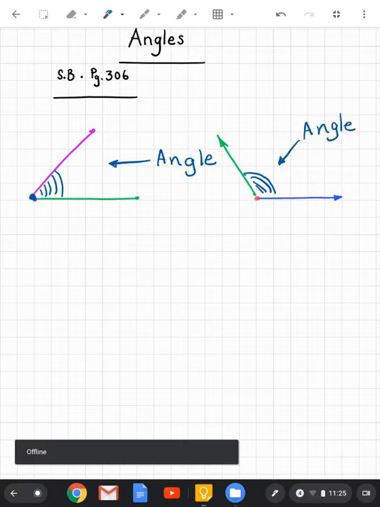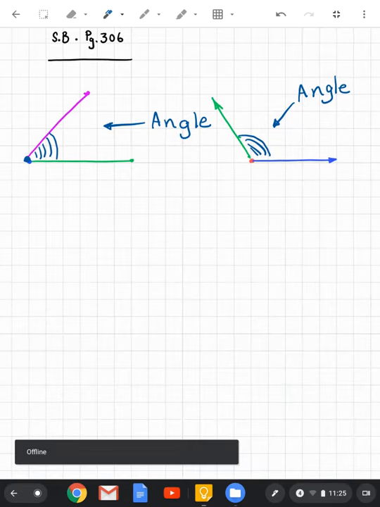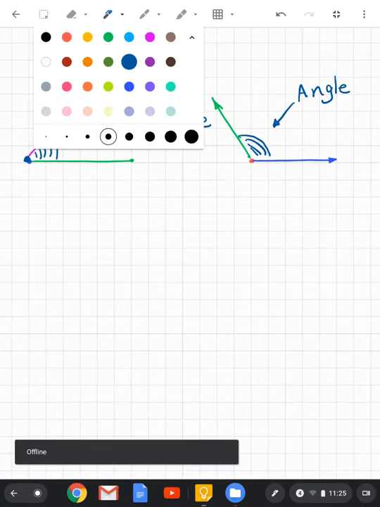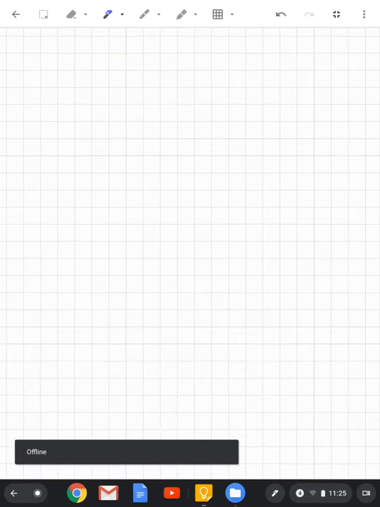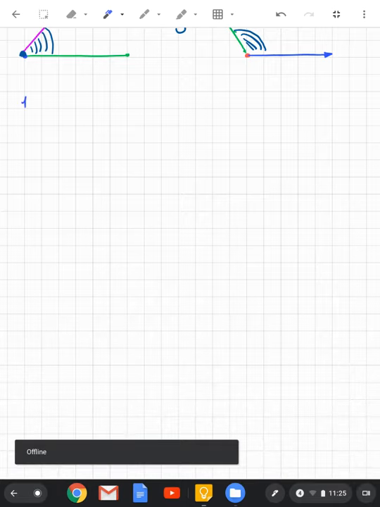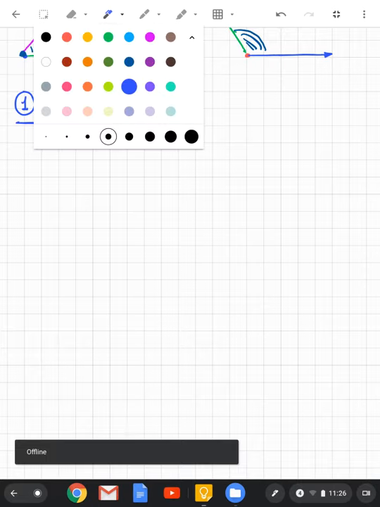We have three different types of angles. The first type we will take is the right angle, or as you named it before, the square corner. What is the shape of the right angle or the square corner?